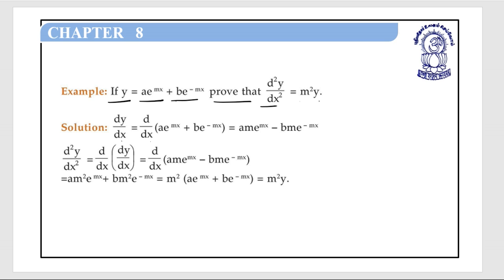So dy by dx is equal to d by dx of a e raised to mx plus b e raised to minus mx, is equal to a into m e raised to mx minus b into m into e raised to minus mx. d square y by dx square is equal to d by dx of dy by dx, is equal to d by dx of a m e raised to mx minus b m e raised to minus mx, which is a m square e raised to mx plus b m square e raised to minus mx. m square common, a e raised to mx plus b e raised to minus mx. This is the y. So you can write it is equal to m square y.